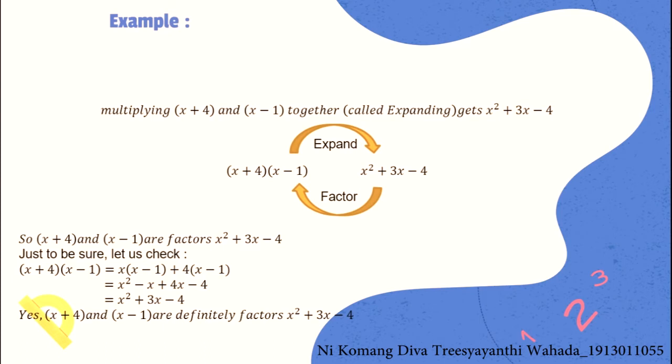Yes, x plus 4 and x minus 1 are definitely factors of x squared plus 3x minus 4.